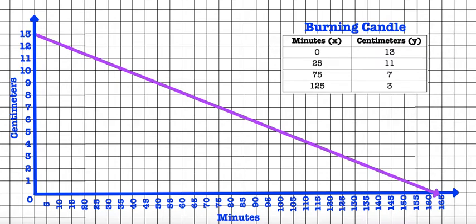So here we have a graph based on our candle burning. So if we look at 0 minutes, our graph starts off on 13 because this is the initial value. So initially the candle is 13 centimeters, and this is also called our y-intercept. So this is 0, 13, which is our y-intercept.